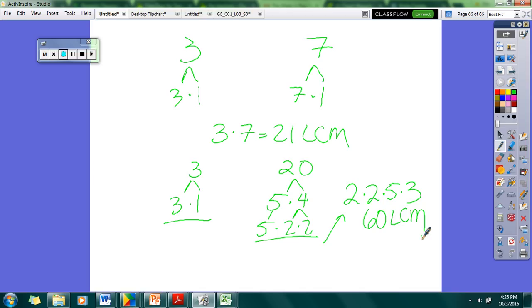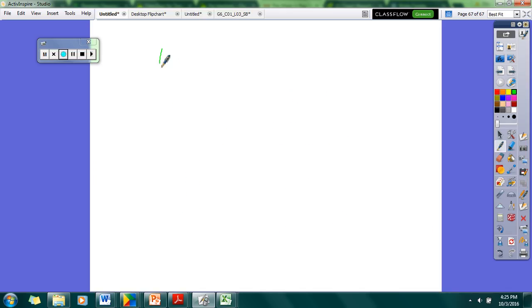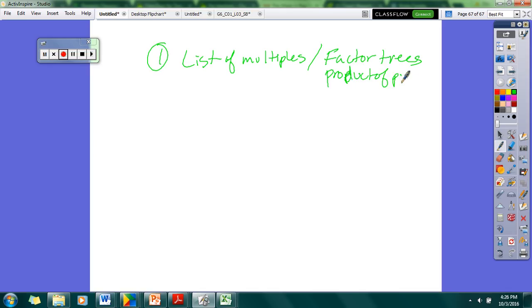So let's just recap. First thing, you're either going to make a list of multiples, or you're going to make factor trees to find the product of primes. Then you are going to circle pairs, especially if you're using a factor tree.